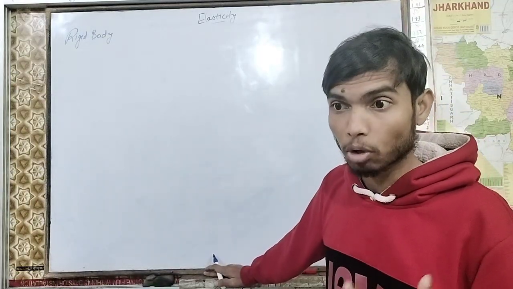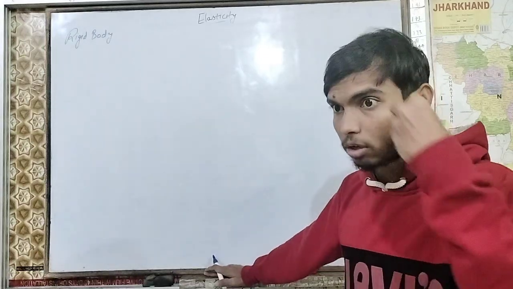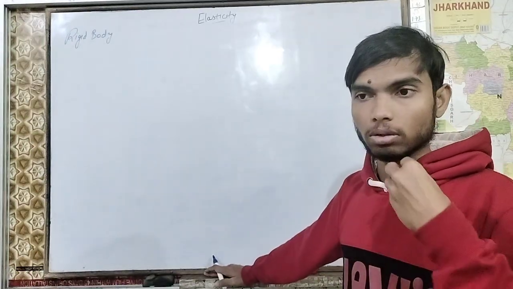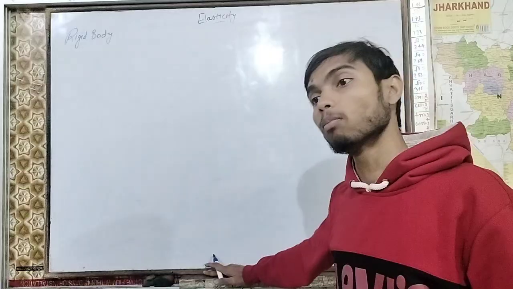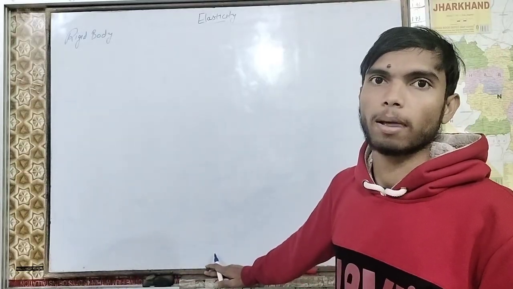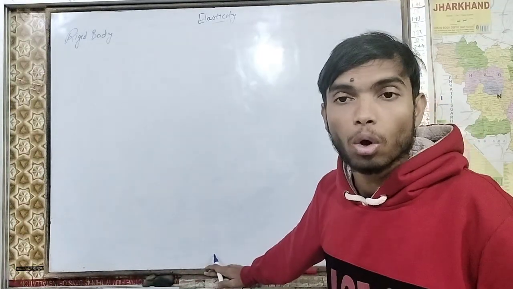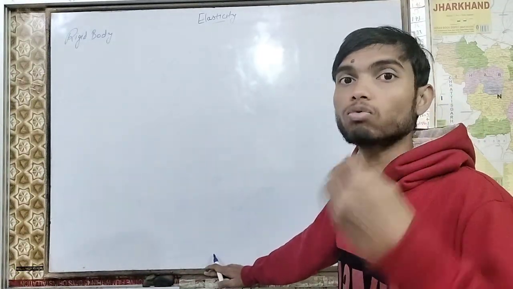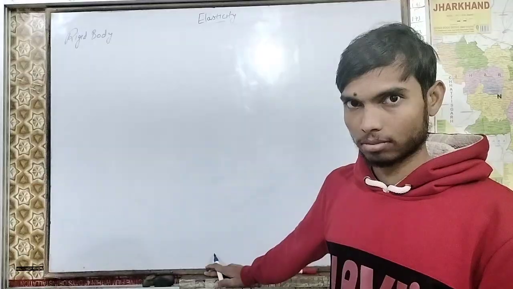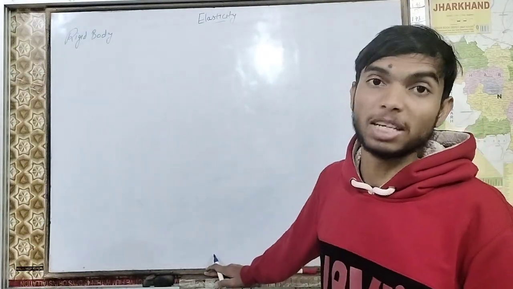But remember, Young's modulus is valid for solids, not valid for liquids or fluids. But bulk modulus of elasticity is valid for solids as well as fluids. And it is denoted by K or B.